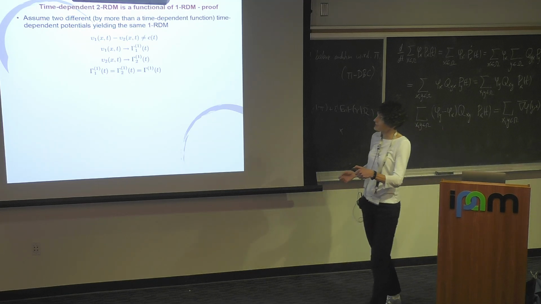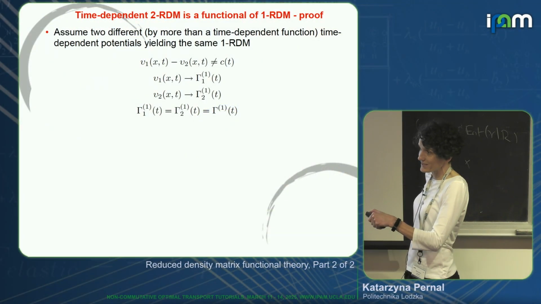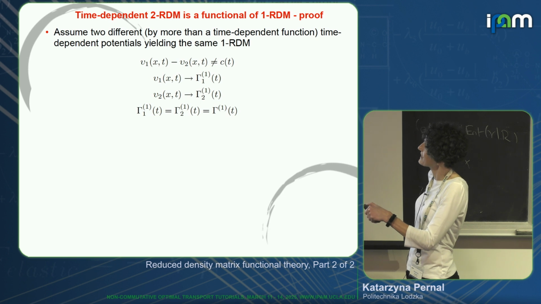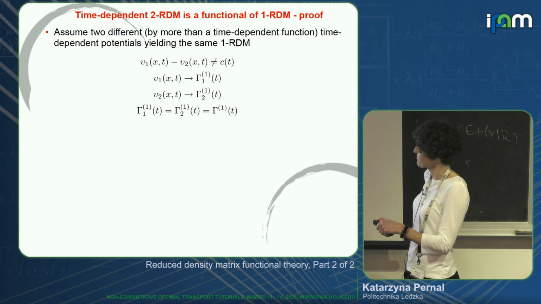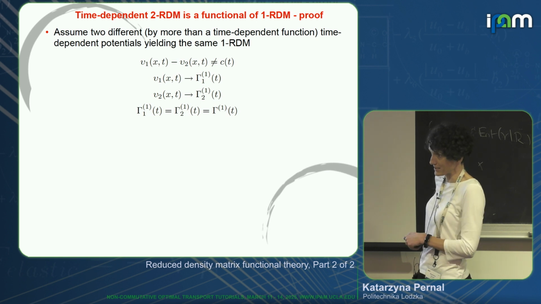So let's assume that we have two potentials, V1 and V2, time-dependent, and they differ by more than a time-dependent function. Okay? And we assume that they lead to the same time-dependent 1-RDMs, right?